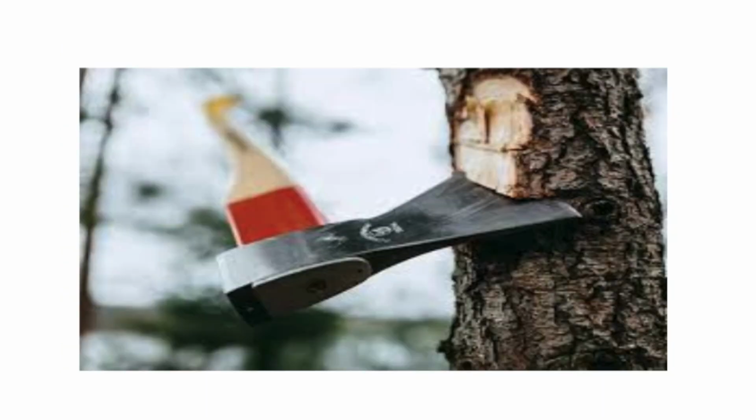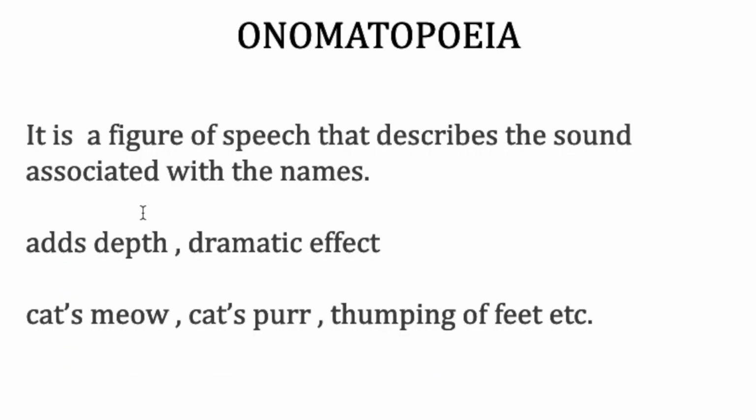So in figures of speech, we have a term called onomatopoeia. The spelling is a little weird, because if you look at the last five letters, P-O-E-I-A, the O-E becomes silent and we pronounce it "peer". Onomatopoeia, so it's a long E. It is a figure of speech that describes the sound associated with names.